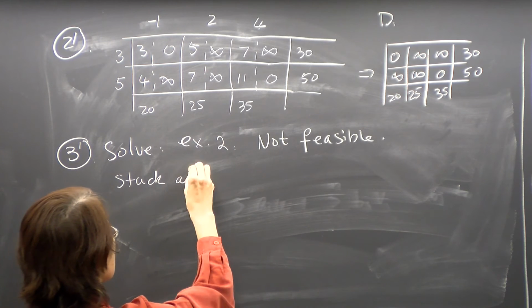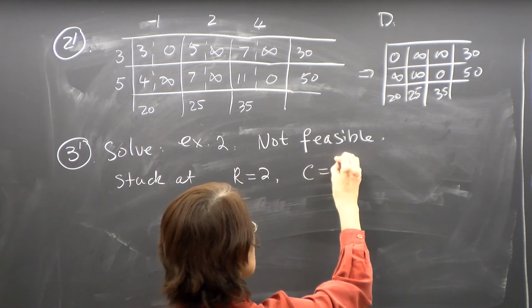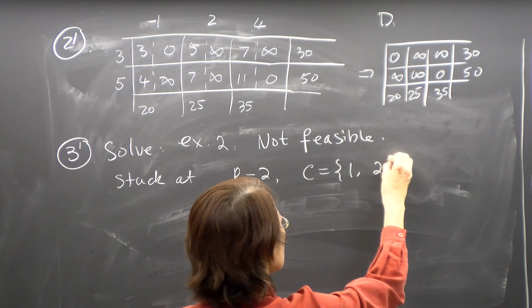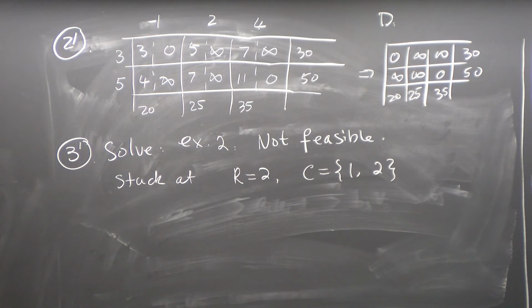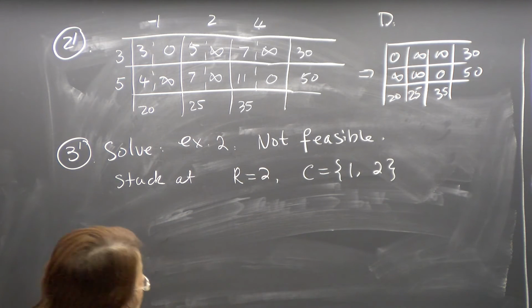Stuck at R equals 2 and C actually both in column 1 and 2. It could carry multiple indices. For large systems, you could have multiple places with surplus, and it could all get stuck. So R could even have multiple indices.